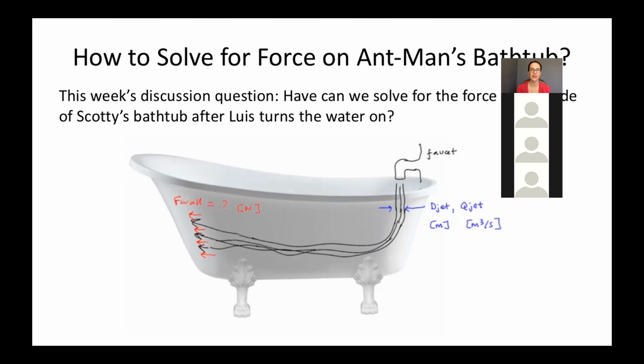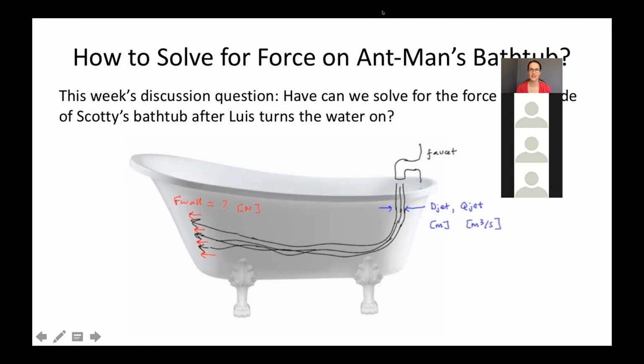And if not, how might you approach solving this problem? I'm going to put you in pairs today, just for a couple of minutes, and I want you to come to a conclusion whether you can just sum the forces in the horizontal and vertical directions to solve for this unknown force on the wall if you know the force coming from the jet.